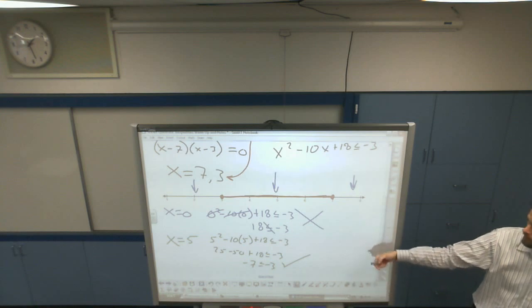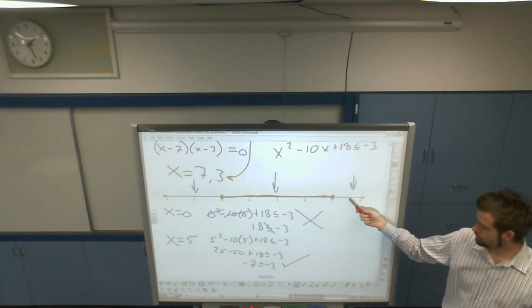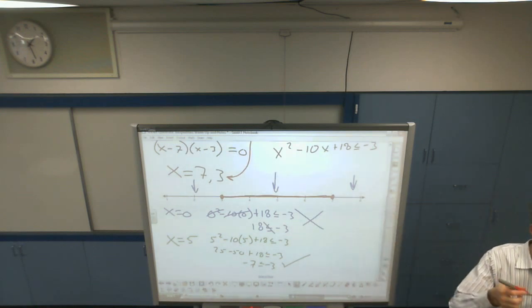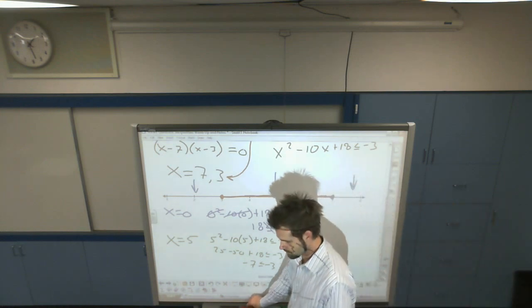You have to check one more. You have to check the region out here. X is greater than or equal to 7. Pick like 8 or something. Check it, see if it works, please.